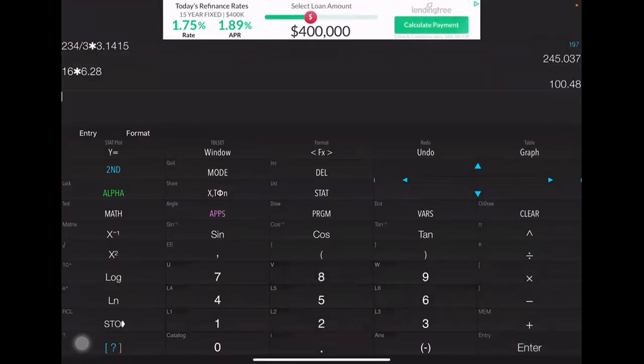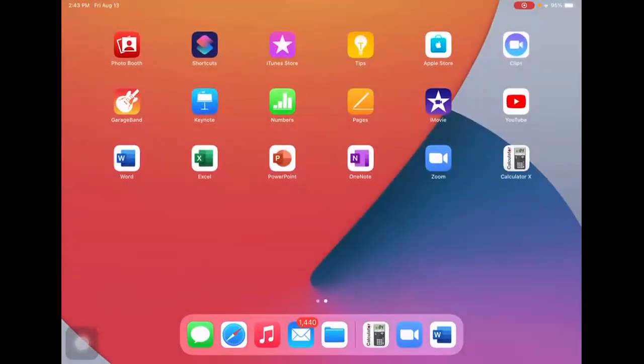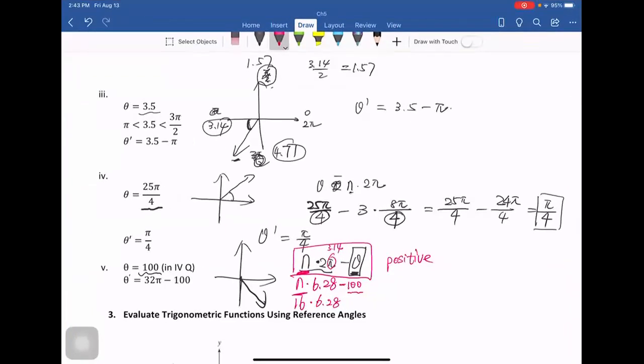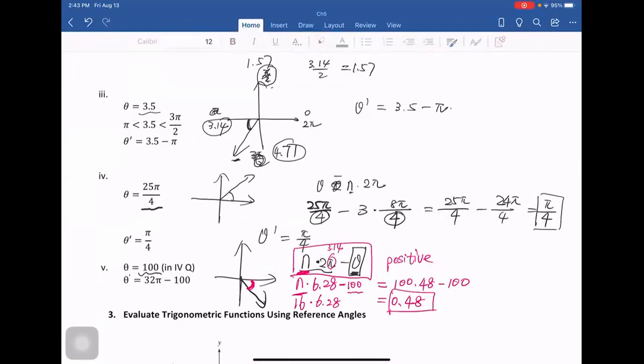That's what I'm looking for. This one is difficult. So it equals 100.48 minus 100, which is 0.48. So the reference angle is 0.48. You won't have this kind of difficult question in your homework, but this one is very interesting. You can think about it just for fun.